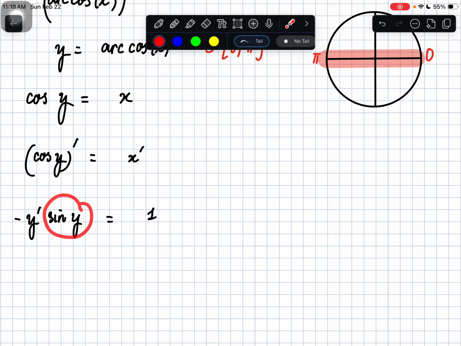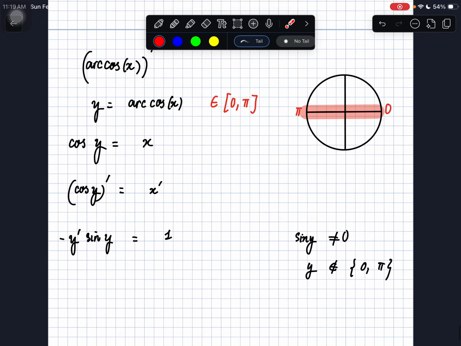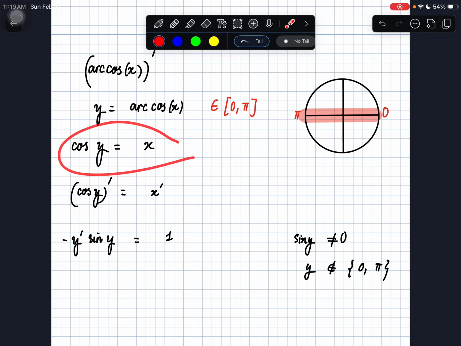Here you see that sine of y must be non-zero, because otherwise the left hand side will be 0 and the right hand side is 1, so 0 equals 1, which is absurd. Note that sine of y must be non-zero, which means y must be different from 0 and pi, so x, the cosine of y, must be between -1 and 1.